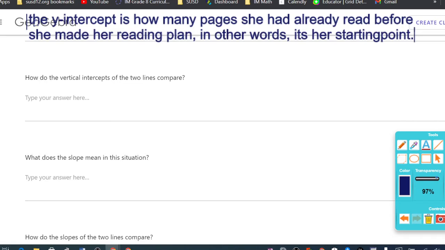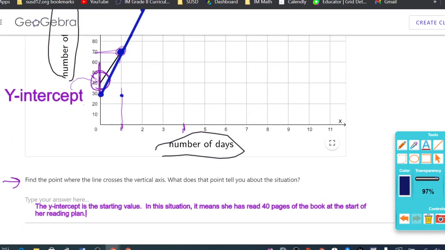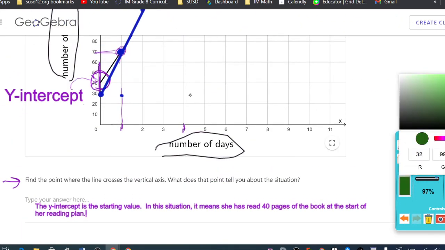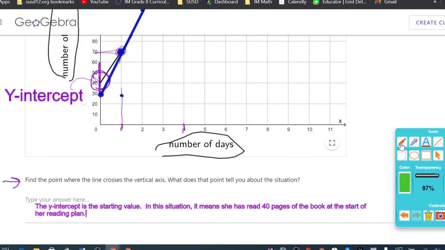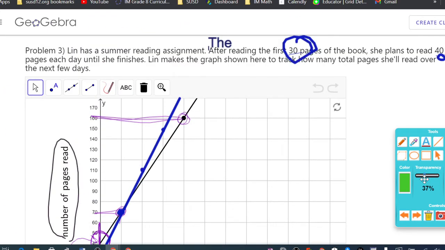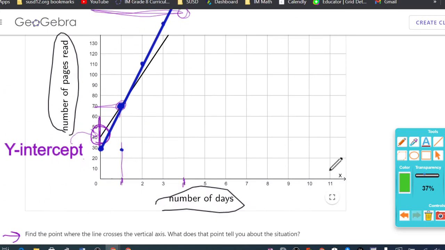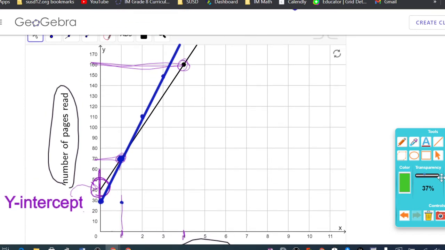Next question. How do the vertical intercepts of the two lines compare? Go back to the graph, look at these vertical intercepts, and how do they compare? Well, her original graph, which was wrong, started at 40. So she's saying that she already had read 40 pages at the beginning of her plan, but the problem said 30 pages, and that's why her reading plan didn't make sense after 4 days.